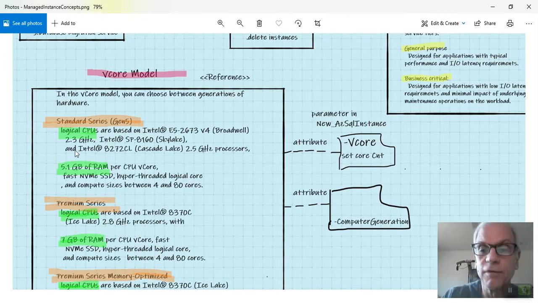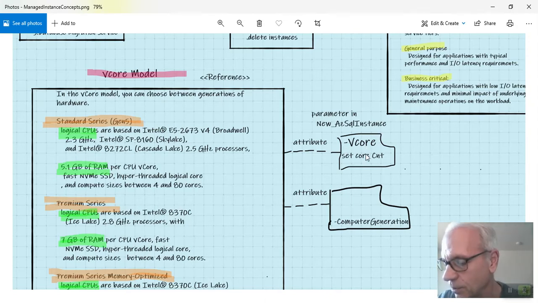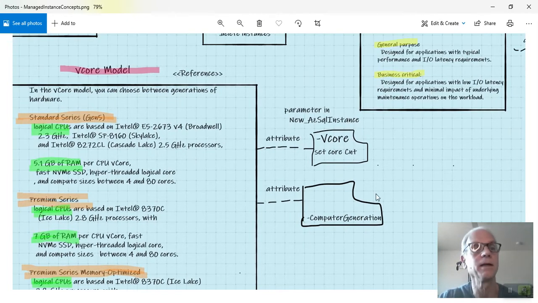They also flow into the creation of a managed instance and managed instance pool. The two attributes are the vCores, where you set the count of how many virtual logical CPUs you need and want, and the compute generation, which defines the kind and structure of the logical CPUs and the associated RAM. So those are the concepts behind that.